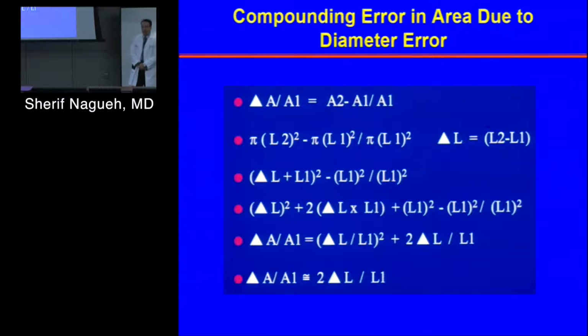And people frequently say it's squared because it's pi r squared. It is actually doubled, and this is the reason. It's sort of a pretty basic approach, and I will not dwell on that, but maybe we can, one-on-one, go more over that for those who are interested. But basically, the error in the area is twice the error in the diameter.